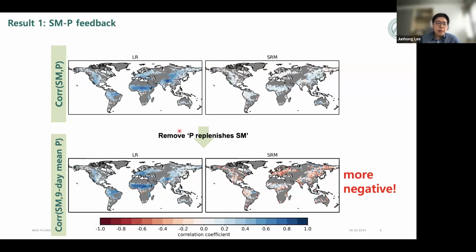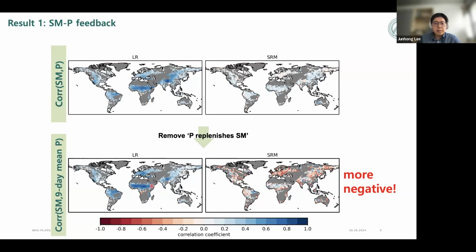So in order to separate these signals, this time I computed the correlation coefficient between soil moisture and the consecutive 9-day mean of precipitation. The plot on the bottom is the result. As you can see, for the low resolution, there is no change.